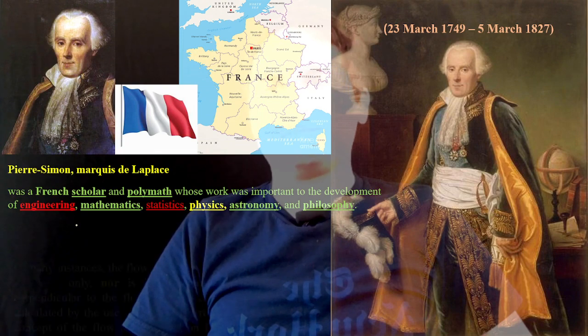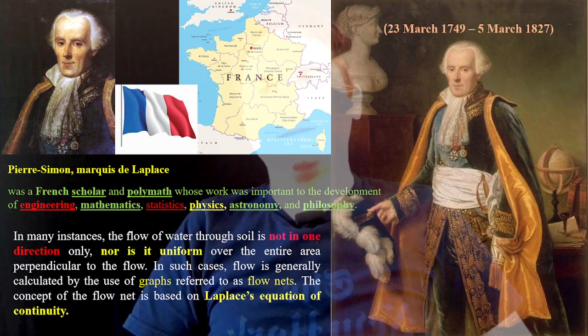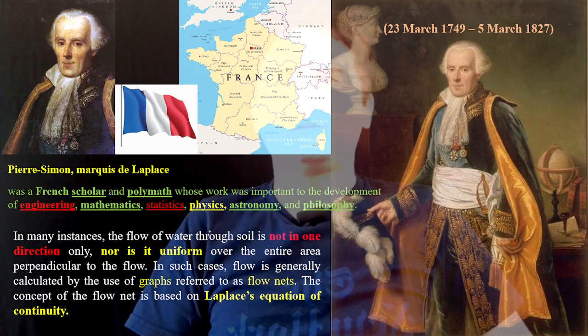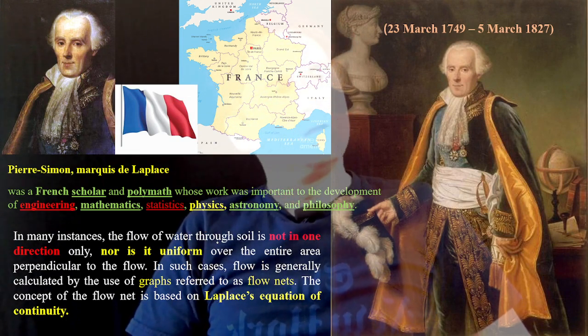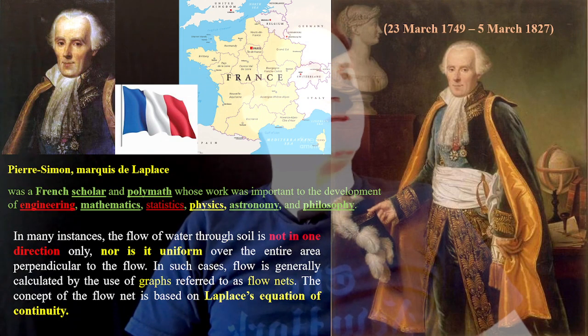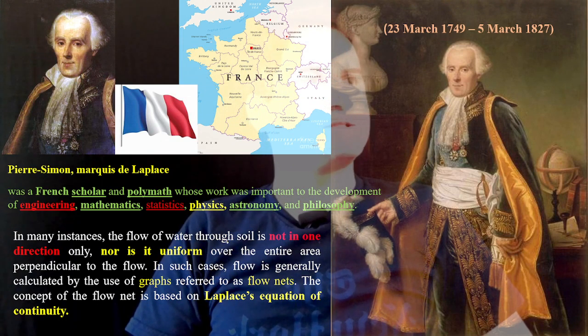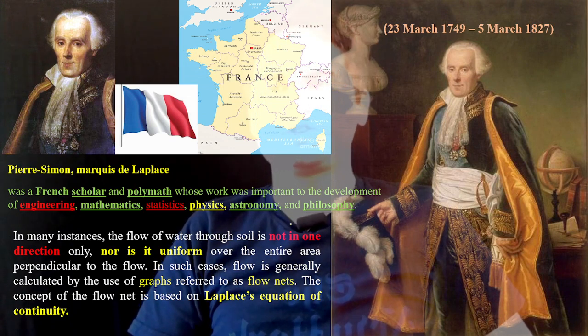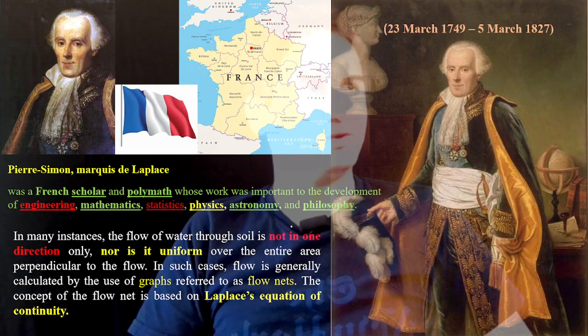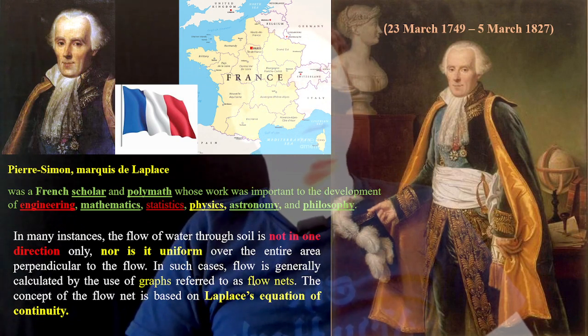So, in many cases, we cannot solve the seepage through the soil by the simple Darcy equation, because most of the time we have seepage in two directions, so kx and ky are both involved, so it's not only one dimension.